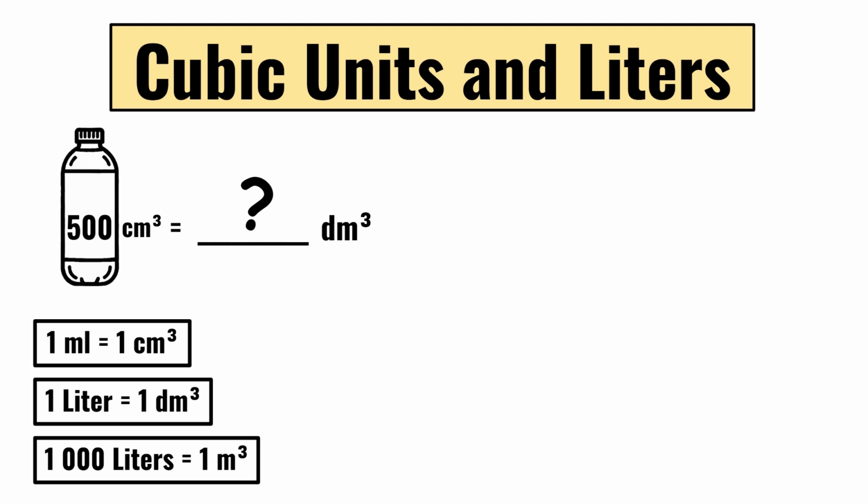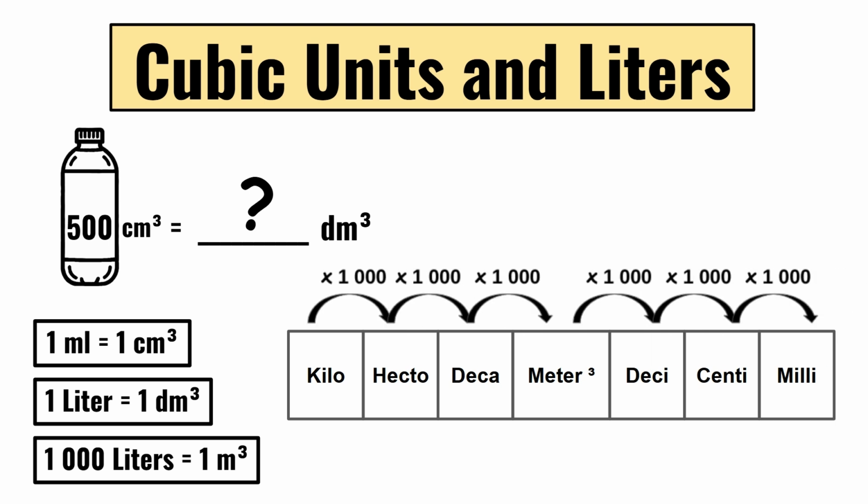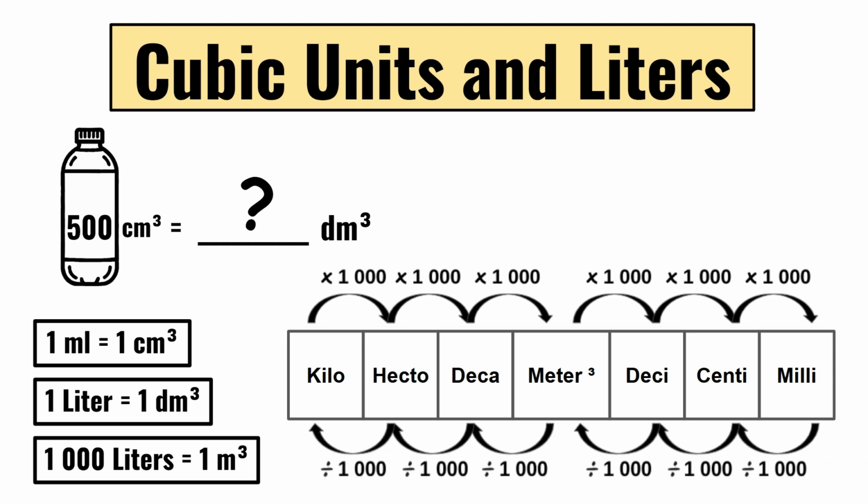So, now that we've converted from liters to cubic units, we can convert to any prefix of cubic units we want. In this example, we want to convert to decimeters cubed. And remember, when converting between different prefixes of cubic units, we simply multiply by a power of 1,000 or divide by a power of 1,000.